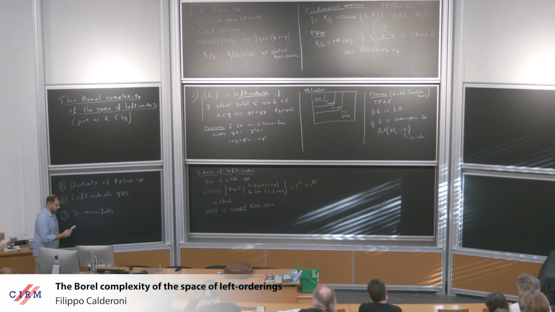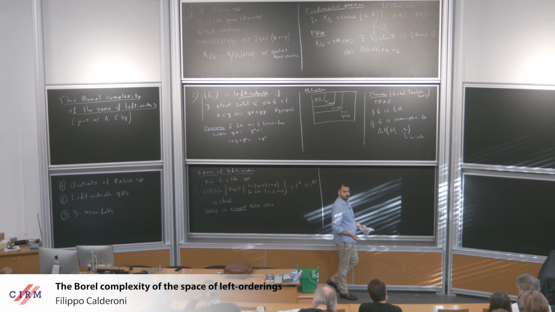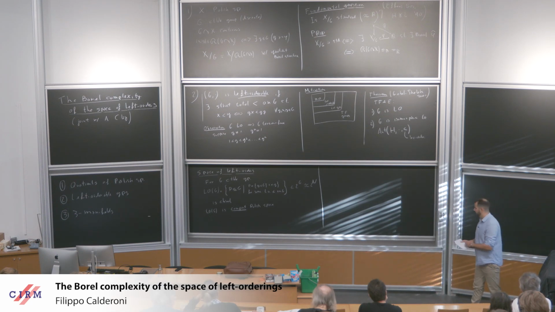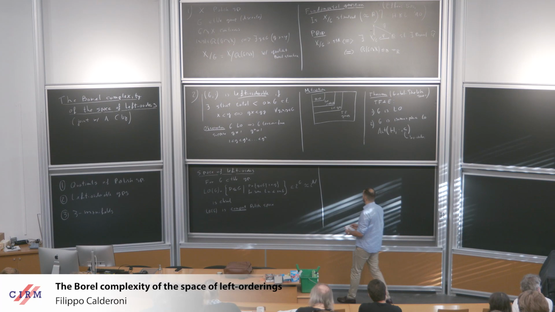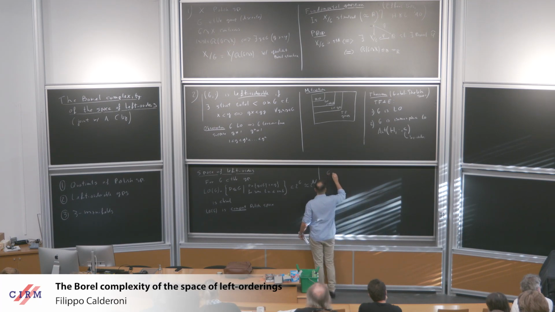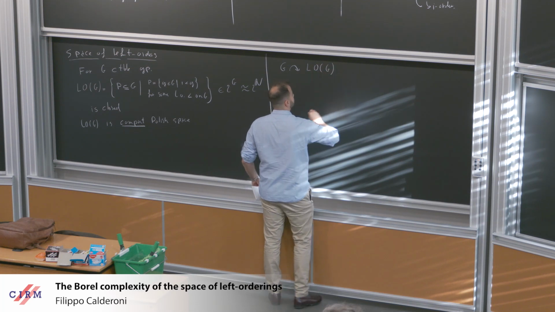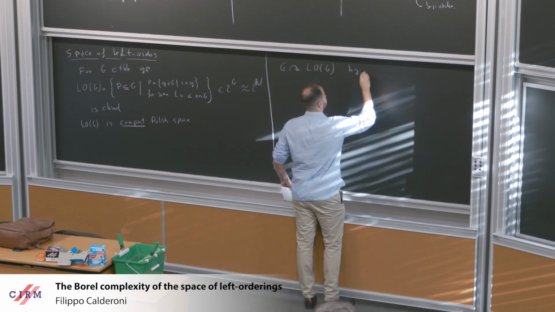Okay. And as I said at the beginning, we're interested in Polish spaces together with an action. Here, the action that we're considering is G acting on the space of its left orderings by conjugation.